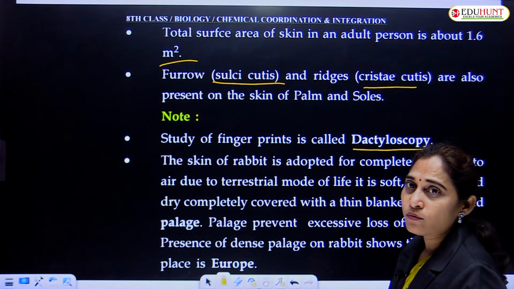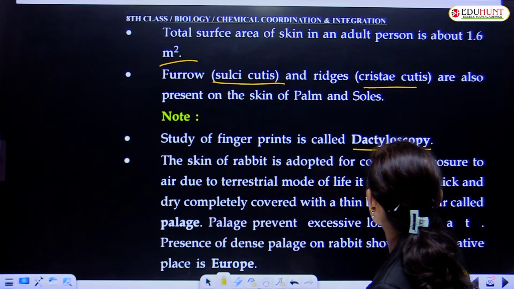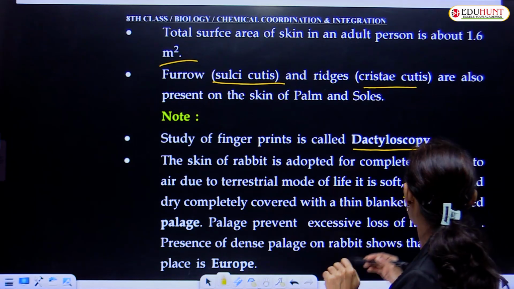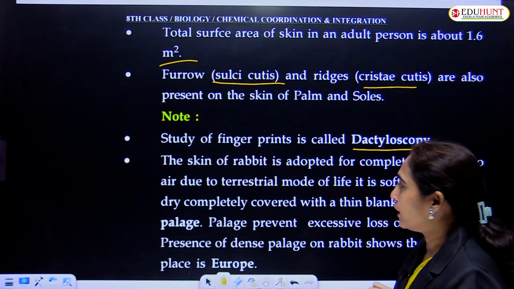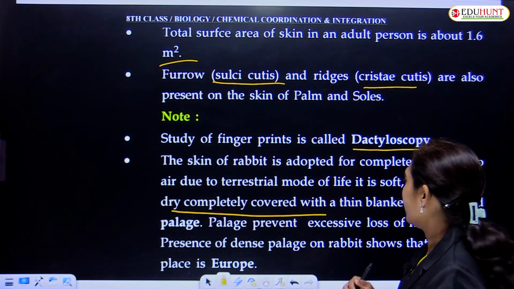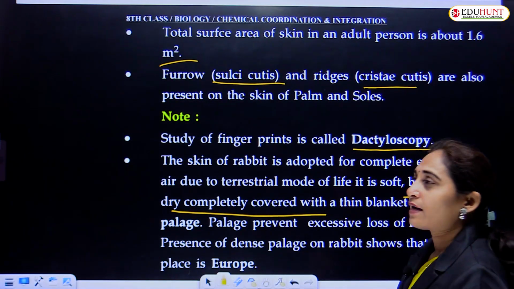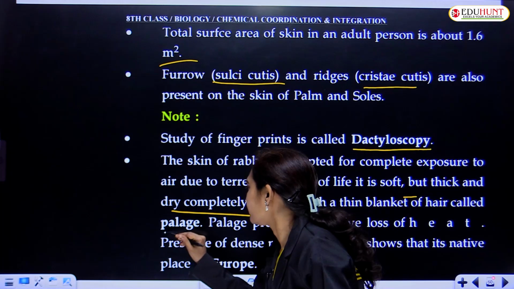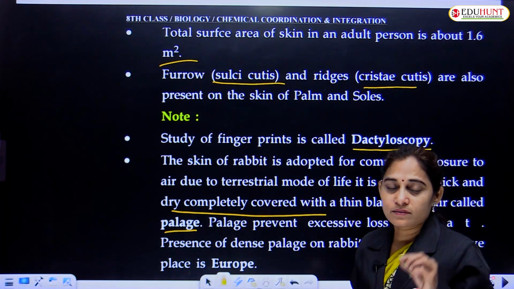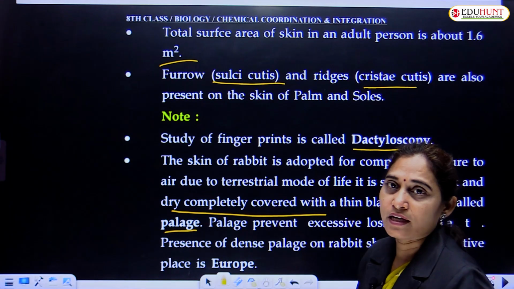It has to respond to the changes in nature. Its skin looks soft, but it is thicker and dry, completely covered with a thin blanket of hairs. That is called pelage. Pelage is the thin blanket of hairs that cover the skin.